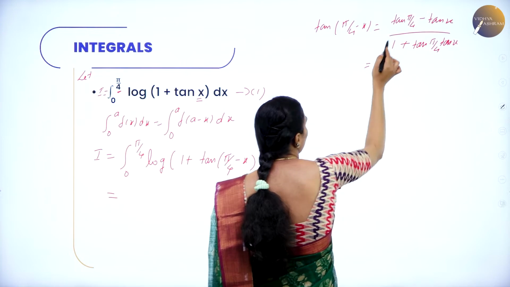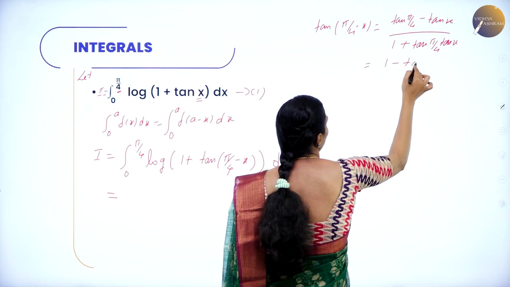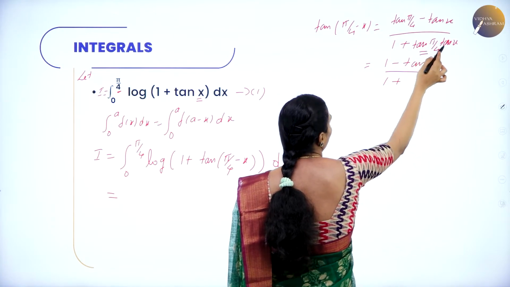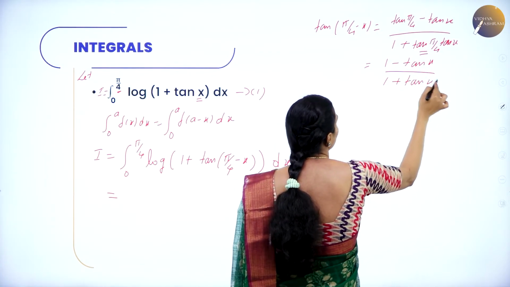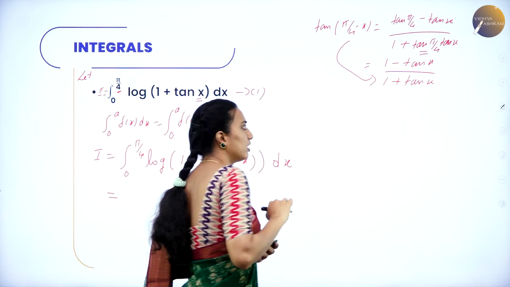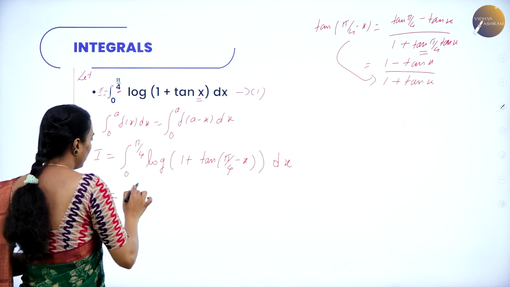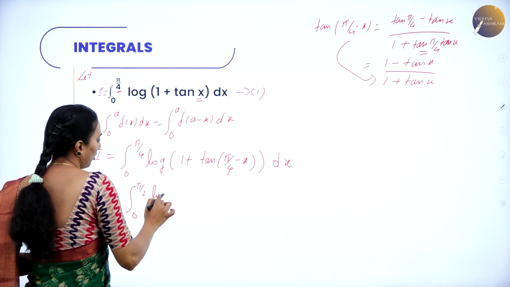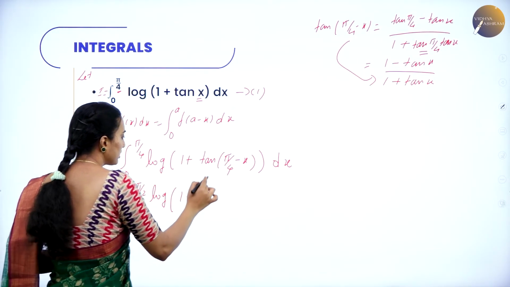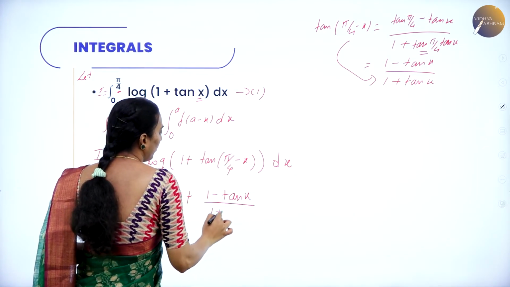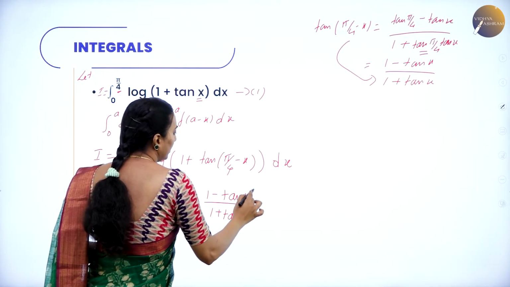Which implies tan pi by 4 is 1, so 1 minus tan x divided by 1 plus tan pi by 4 is 1, 1 into tan x is nothing but tan x. Therefore, I can simplify this as integral 0 to pi by 4 log of 1 plus 1 minus tan x divided by 1 plus tan x into dx.